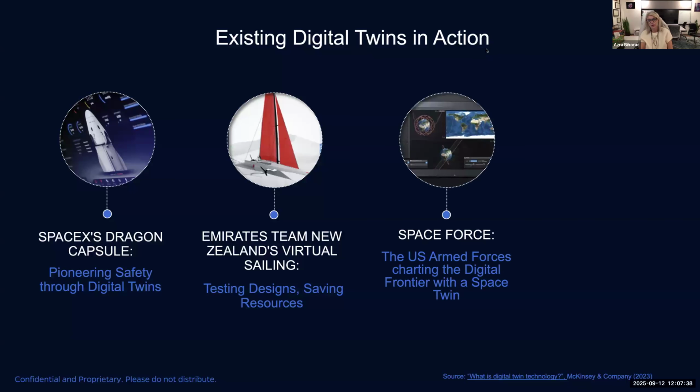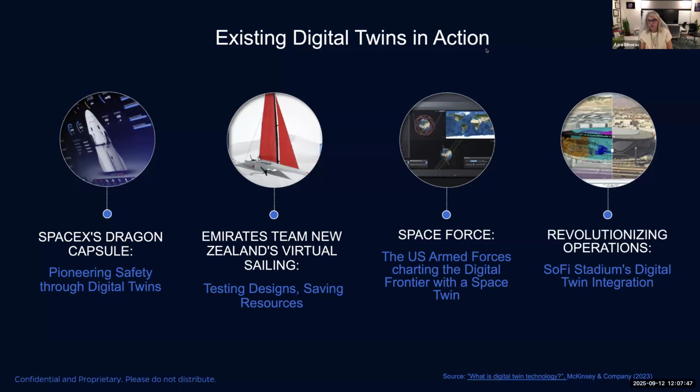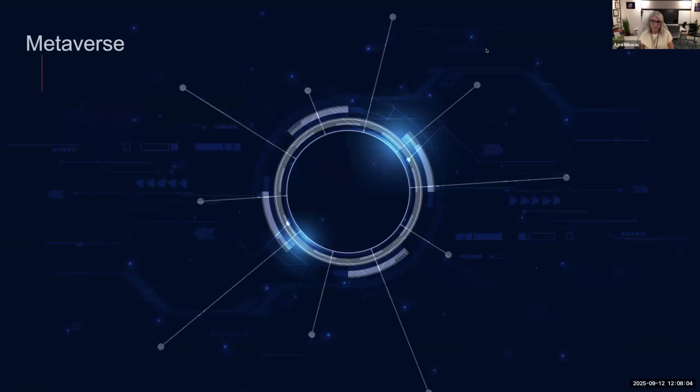The Space Force, the US Armed Forces, chart a digital frontier with space twins. They are used for virtual modeling in the space industry, and you can also see the use of digital twins for operation management. As an example, SoFi Stadium has its own digital twin that mirrors a real-time physical entity and measures or simulates a lot of operations in real time.